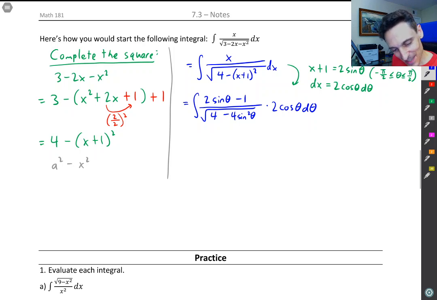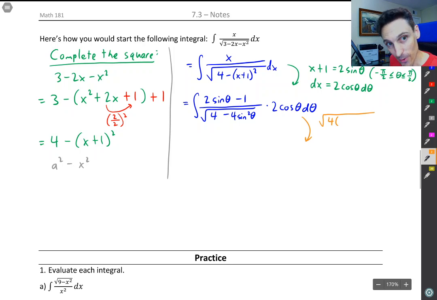Oh, let's take that radical and break it down by factoring the 4 out. And we have, in parentheses, 1 minus sine squared theta. So then this gives us the square root of 4 cosine squared theta, which is 2 cosine theta.